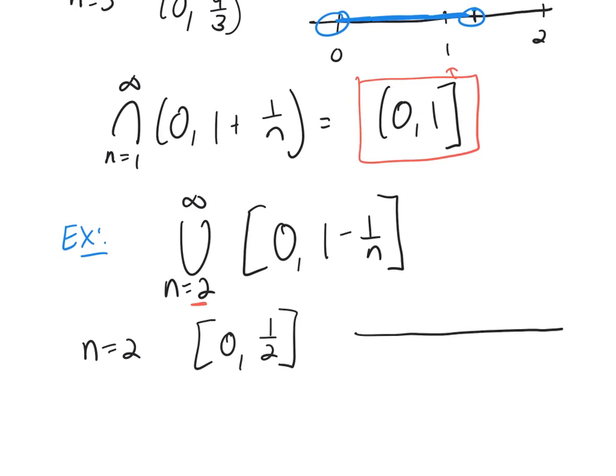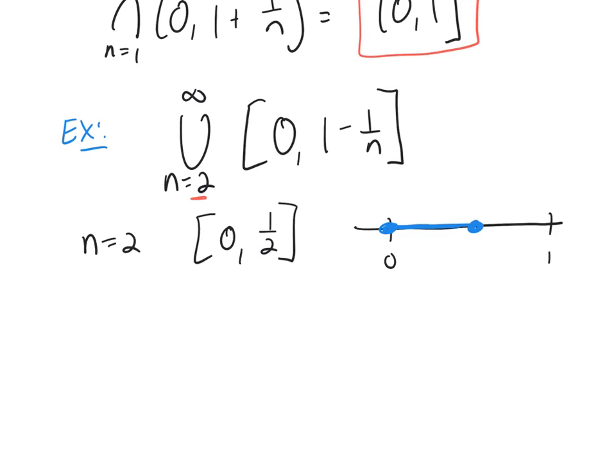And let's sketch that out. So here's 0, here's 1, halfway between them. So 0 to a half, and I do include the endpoints, both of them, so I'm going to use filled in circles. Let's look at n equals 3, 0 to 2 thirds.